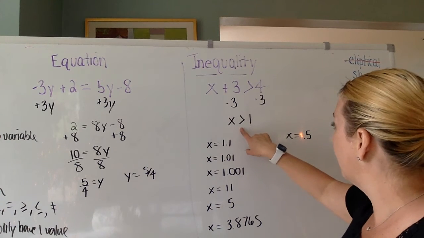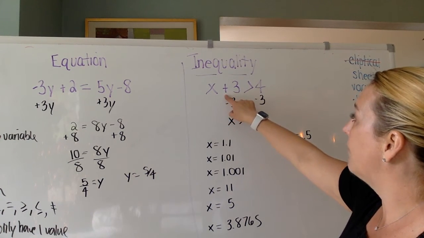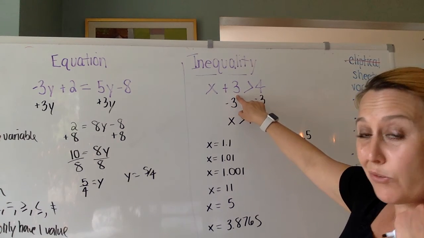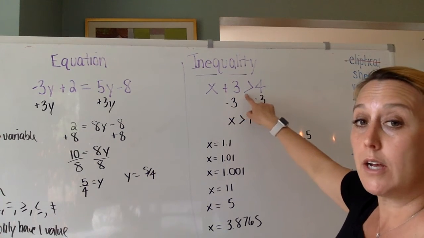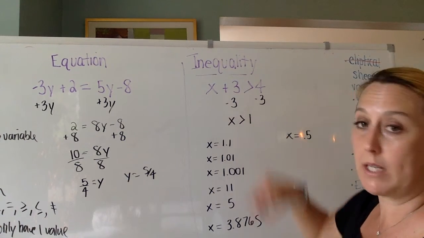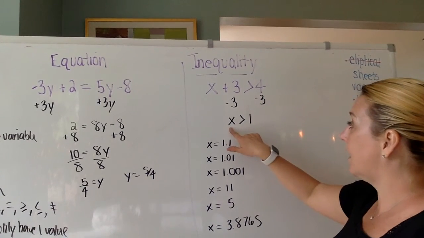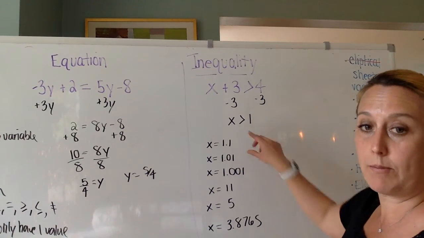The only thing I couldn't have is x equal to 0.5, which is less than 1. It has to be greater than 1. Because if I plug in 0.5, 0.5 plus 3 is just 3.5, and 3.5 is not greater than 4. So if I plug that in, it would not make the inequality true. In this case, it has to be greater than 1. It can't be less than 1.